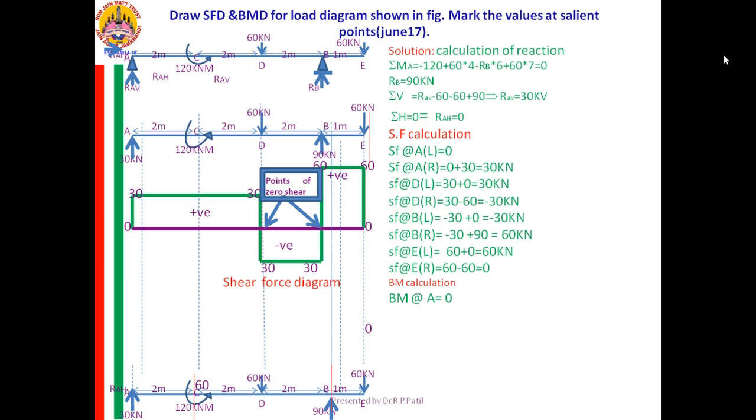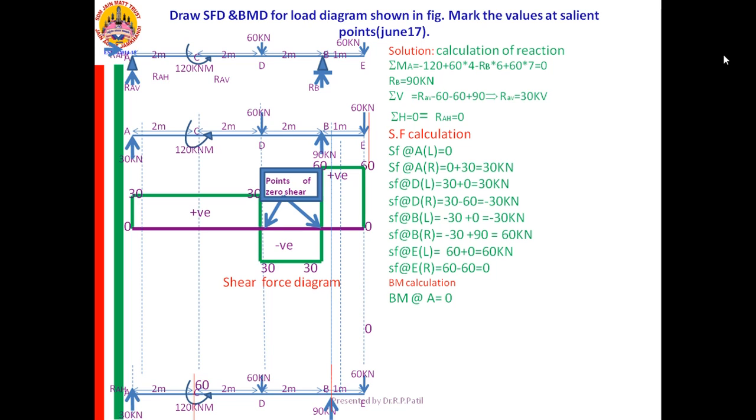Now when I am going for left of C, only one force is there, that is 30. I need to take the moment at C, means just left to C. Therefore the distance will become 2 meter and 30 kilonewton.